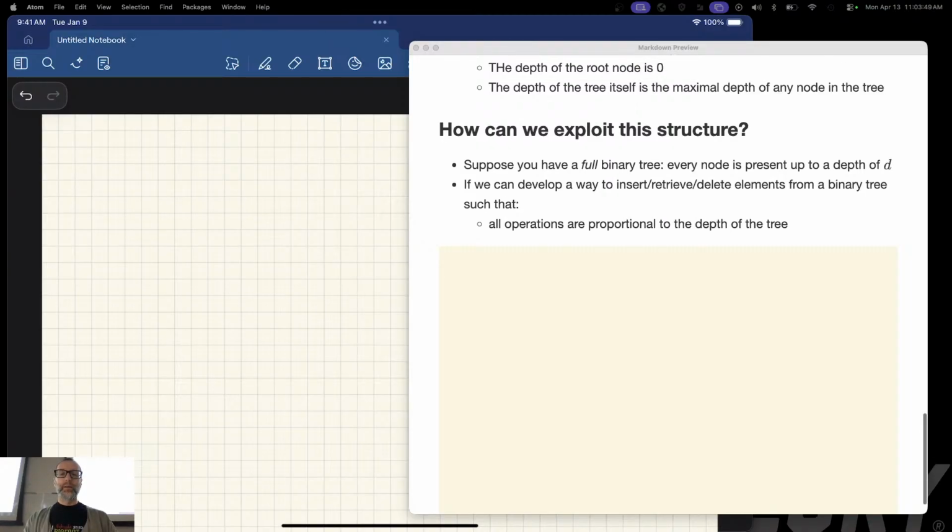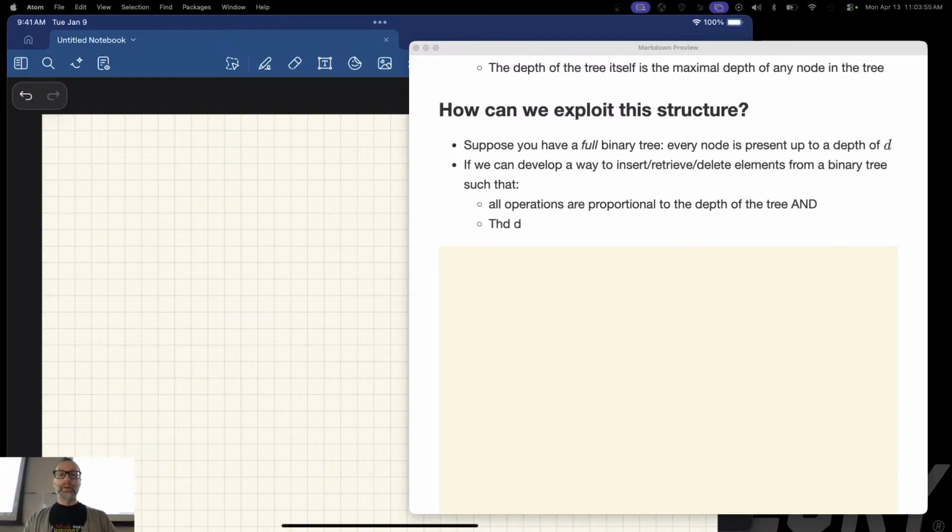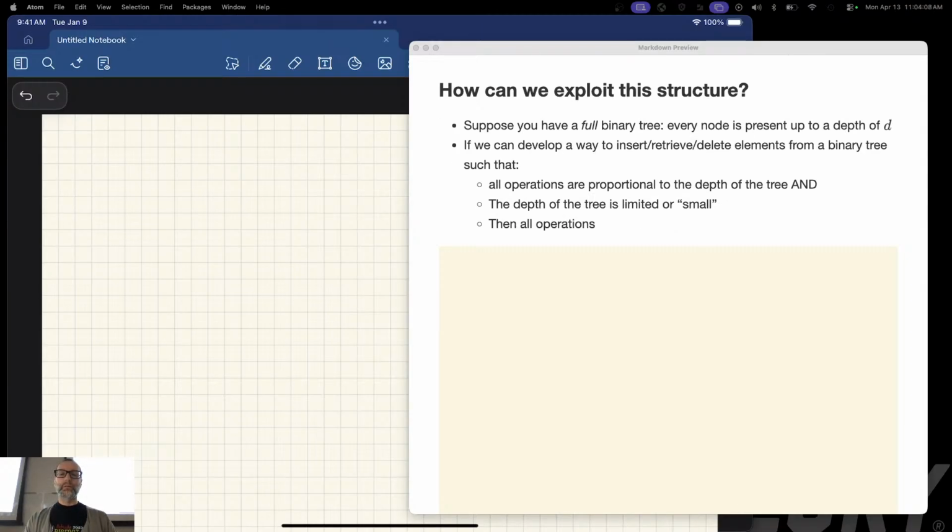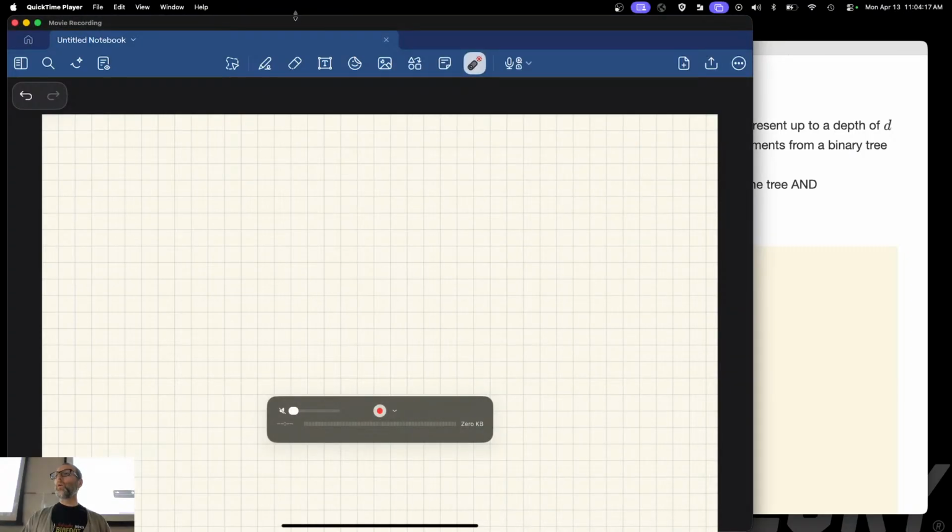And the depth of the tree is limited, or small. I'll quantify small here shortly. Then all operations will be efficient, or as efficient as the depth goes, right? So let's come over here and start doing some math. If I have a full binary tree, what does it look like? Okay.